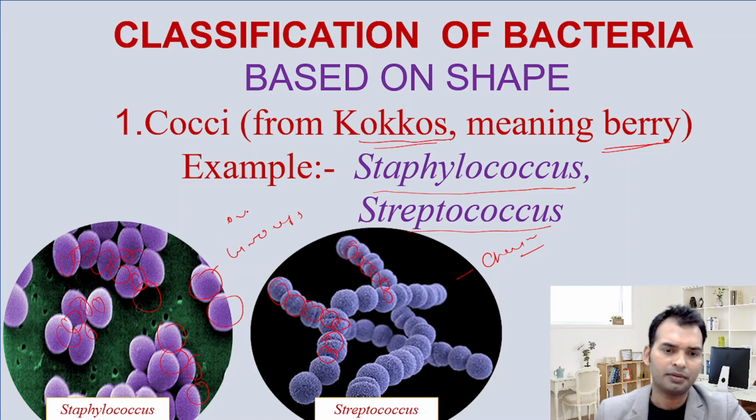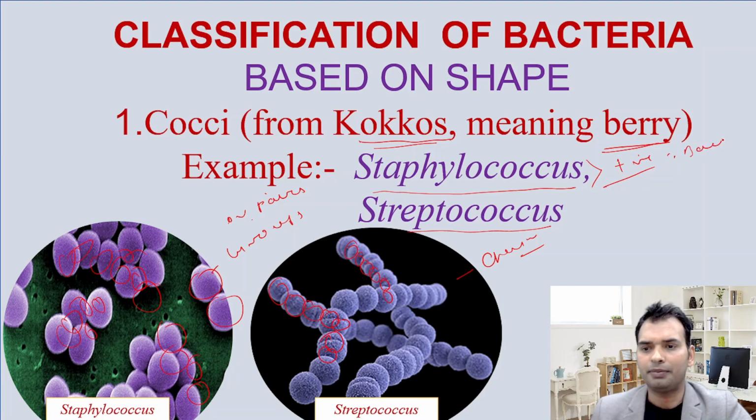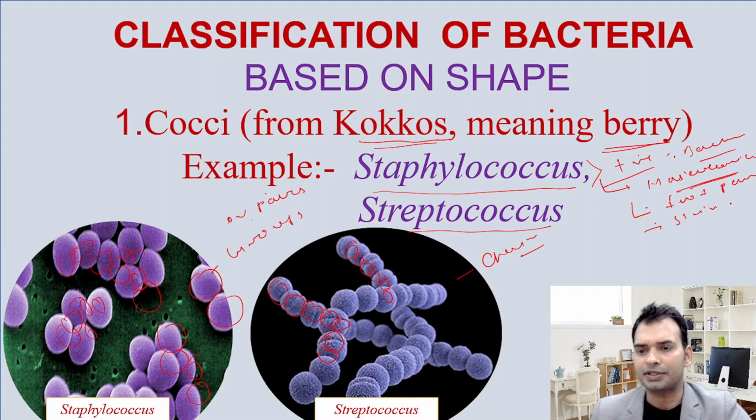Both are gram-positive bacteria. Staphylococcus produces several types of infections. Number one, nosocomial infection, hospital-acquired infection. Second, food poisoning. Third, skin infection.